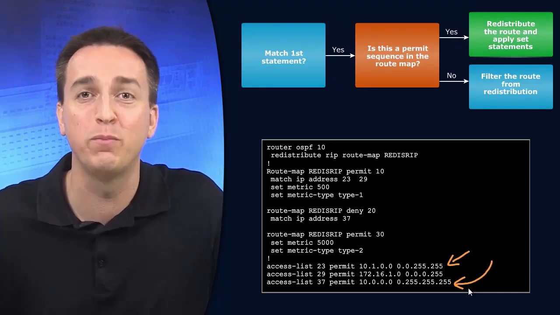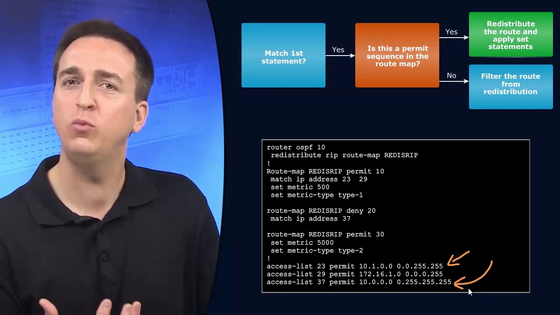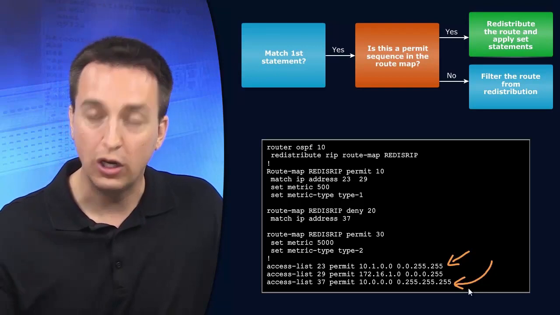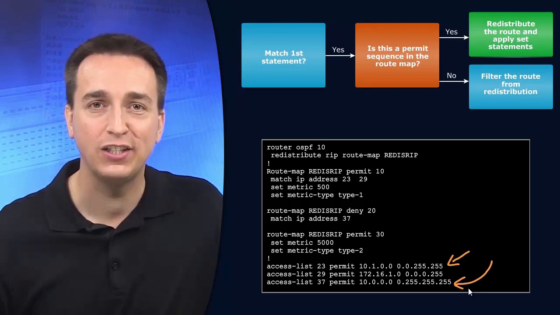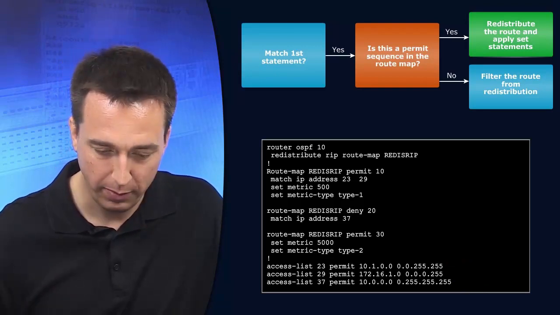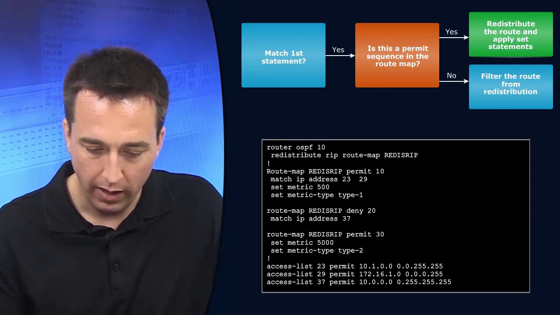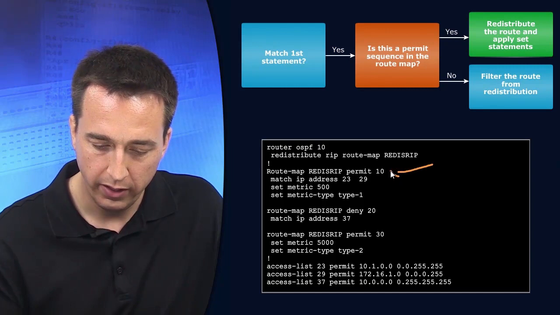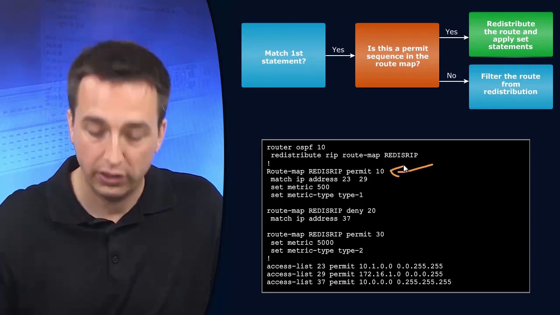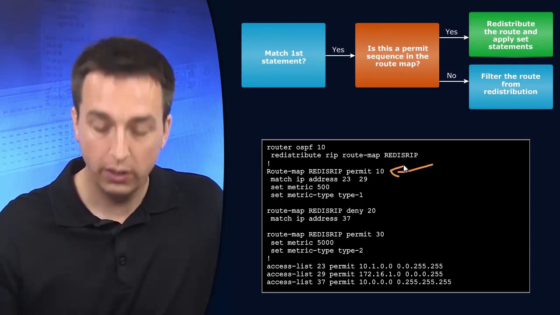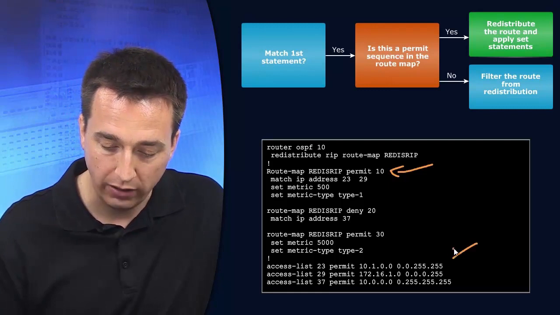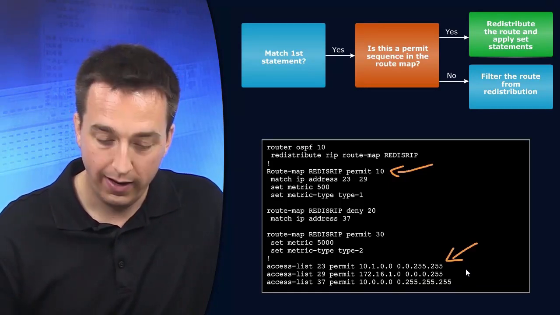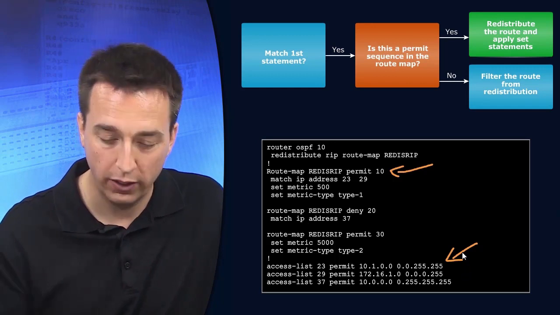Yes, this is going to work perfectly fine, exactly as we envision it to work. And here's why. Top-down processing, immediate execution upon a match. Think about that. Up here, we have our permit statement. So we will redistribute those routes in this range. That is processed first.